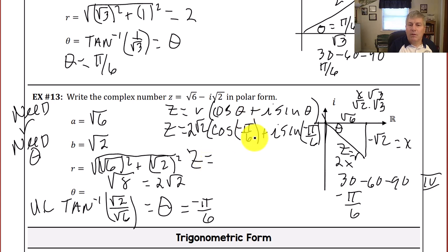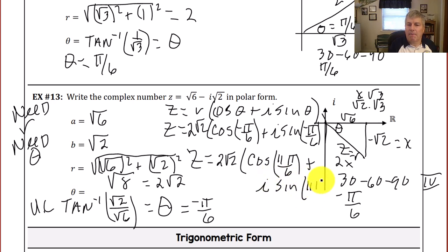So negative pi over 6, you may also see that as 11 pi over 6, depending on what the range is asked for, or what our interval for theta is. So it is possible you might see this as 2 square root of 2 times the cosine of 11 pi over 6 plus i sine of 11 pi over 6. So that might be another possibility for that particular answer.